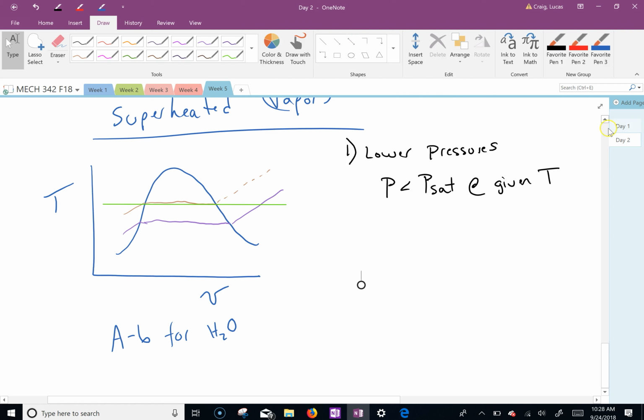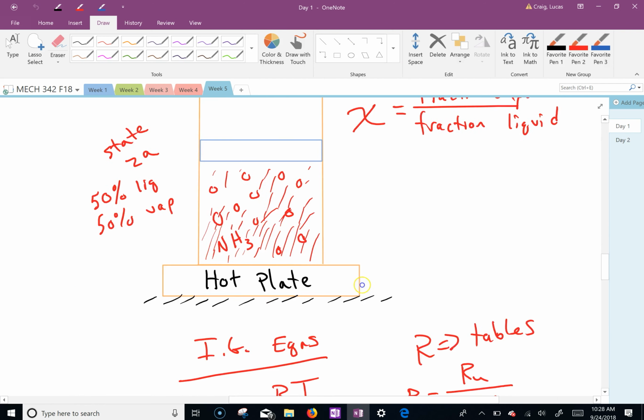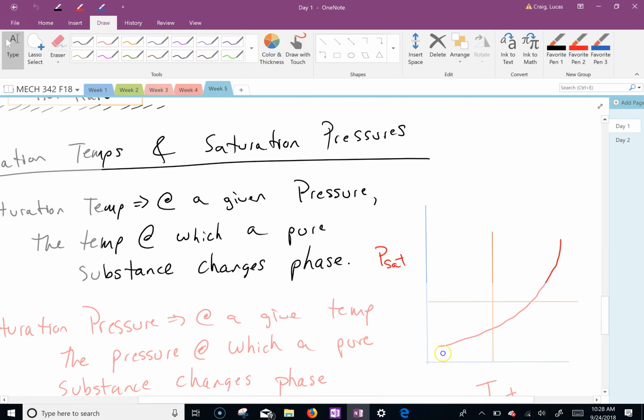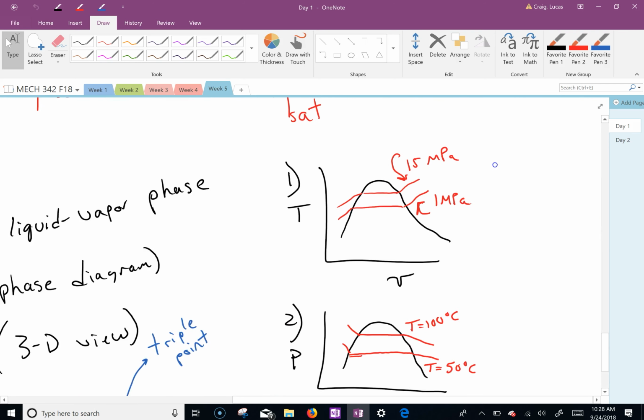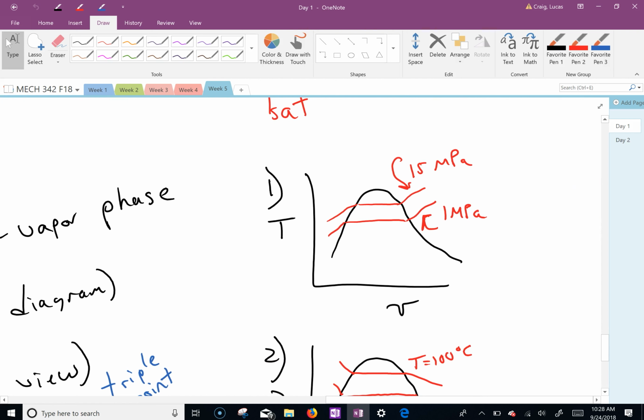Okay, and let's go back here to day 1. You had this in your notes. So the higher pressure was the one up above, right? So let's go back to this.